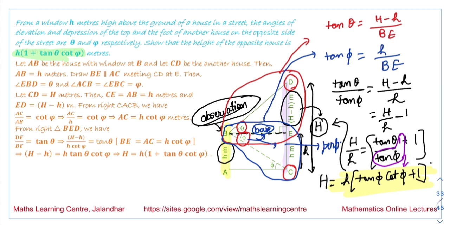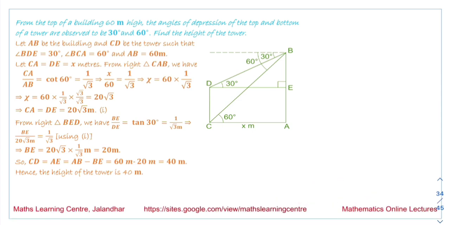Now next we have: from the top of a building 60 meter high, the angles of depression of the top and bottom of a tower are observed to be 30 degree and 60 degree. First, we are talking about angles of depression. If we are standing on the top of a building, AB is the building, point B is the observation point, and this is the horizontal line.